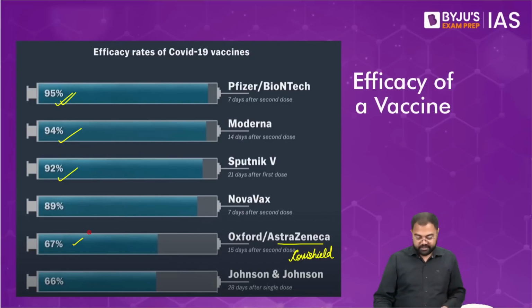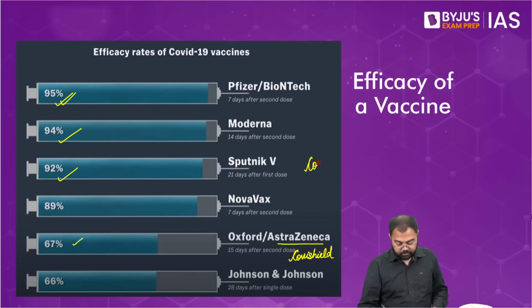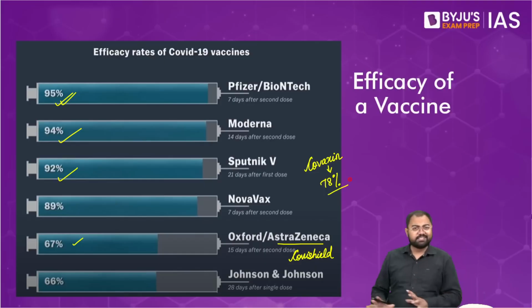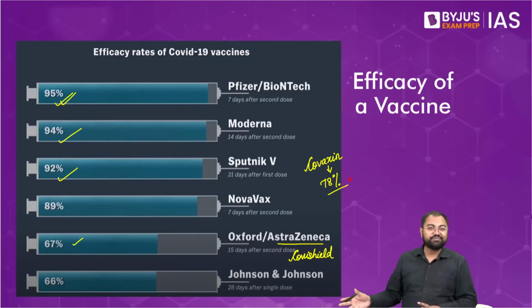In case of, for example, Covaxin, it was said to be 78 to 80%. So it might seem that these are not good vaccines because they have efficacy rates of just 78% or 67%. So you might think that, oh, these are not good vaccines to administer.